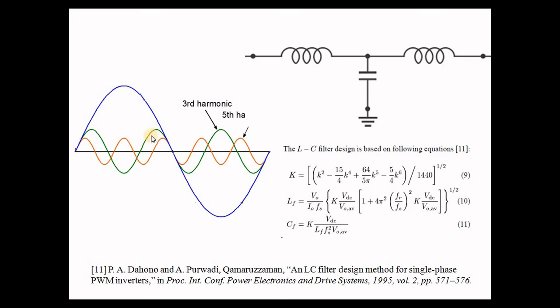So only one third remains. This is the effect of one third, because three half cycles are there. So one third of the total harmonic will be affected. If a third order harmonic is there, one third effect will be there. If a fifth order harmonic is there, 1/5 effect will be there.